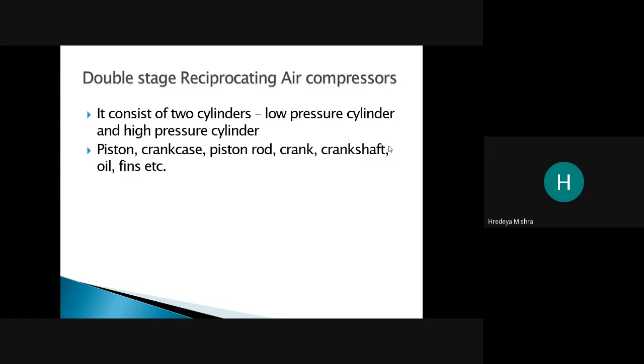Double stage reciprocating compressor consists of two cylinders. Two stage means two cylinders: a low pressure cylinder and a high pressure cylinder. Piston, crankshaft, piston rod, crank, oil: these are common with the single stage compressor.